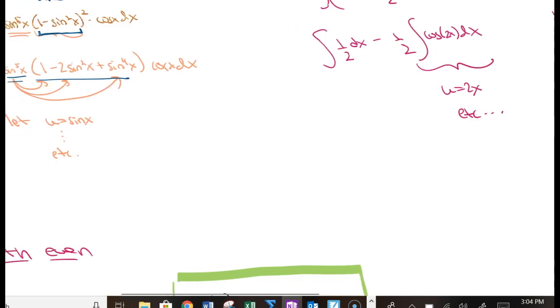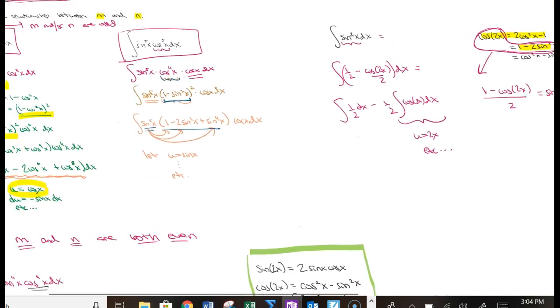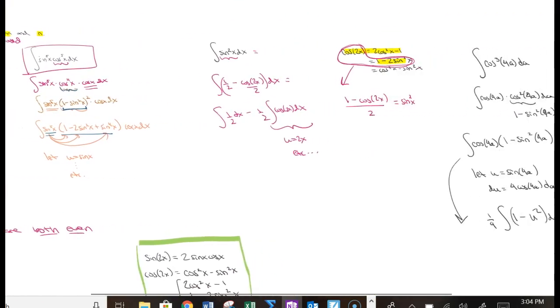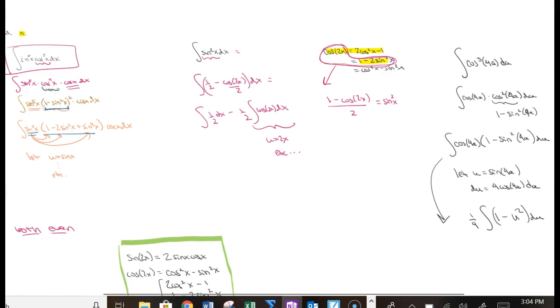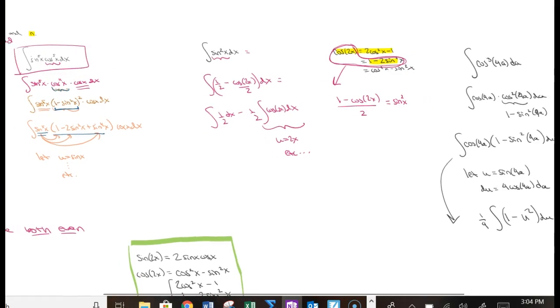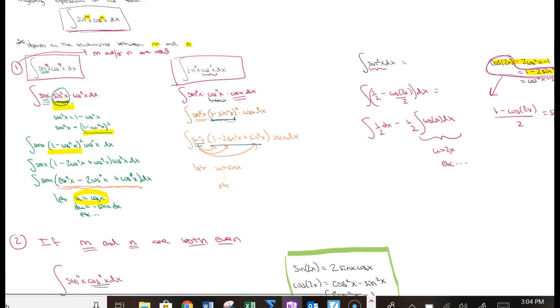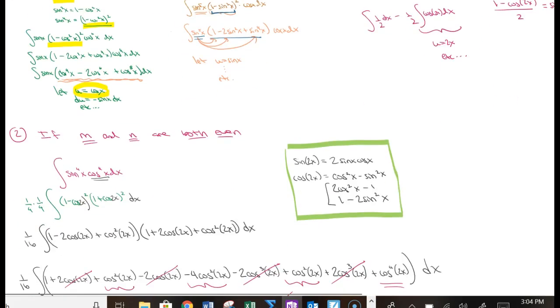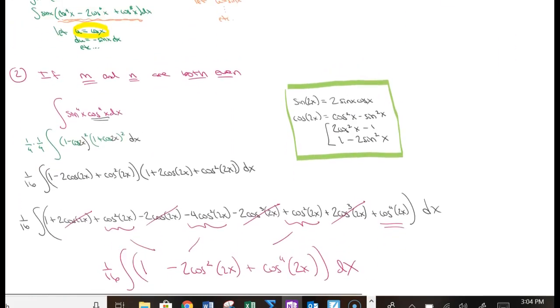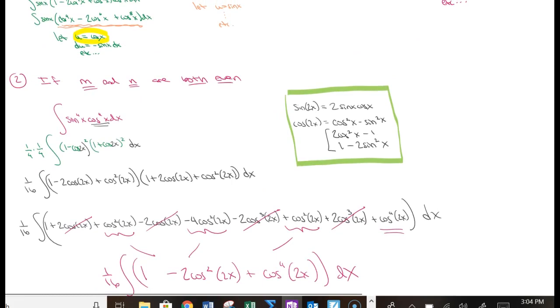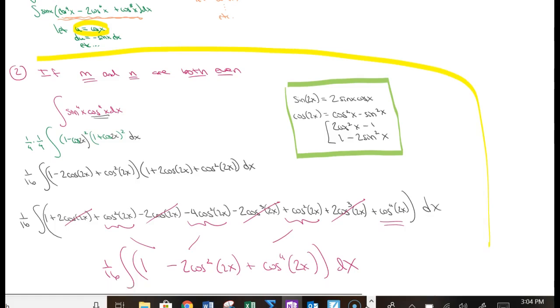At this point, let me make something very clear. The homework is written below. It is all just integration, integration, integration, integration. See down here, this is m and n both being even. I was doing this out, showing you what you had to do algebraically.